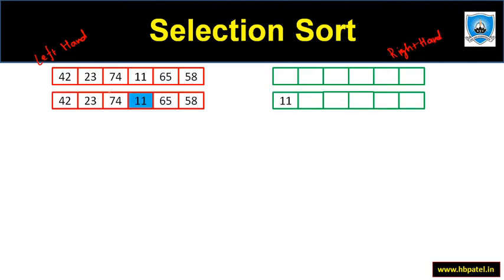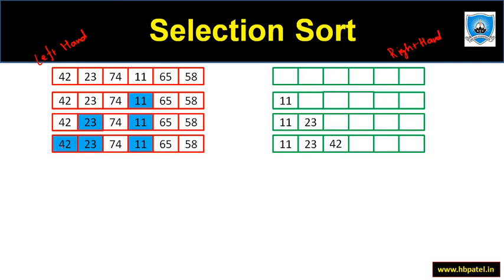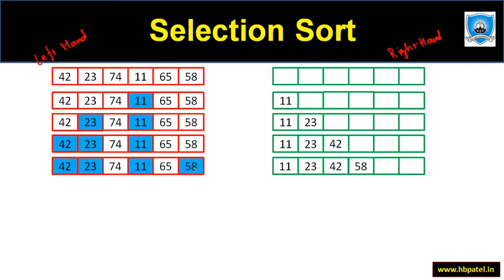Right, so let us take the smallest number, that is 11, and the right place for 11 is this 0th place. Then let us take the second smallest number, that is 23. So I'll be putting it into this second place. Now next is 42. So 42 I'll be putting it into the right hand. Then I'll be putting 58.